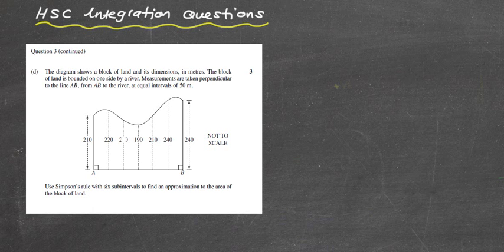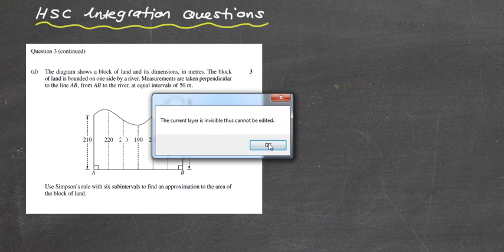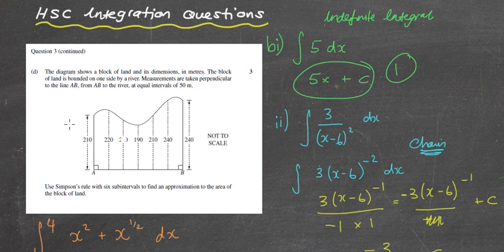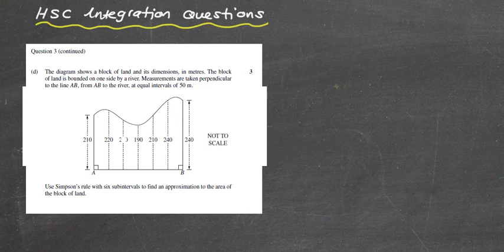This is a Simpson's Rule question. Hopefully you remember the formula. Okay, welcome back. So hopefully you recognize that the formula for Simpson's Rule is, my apologies, h over 3, not 2, that would be your trapezoidal rule.